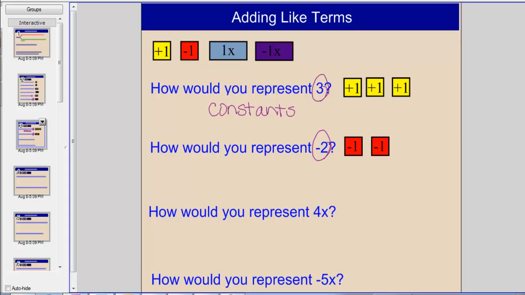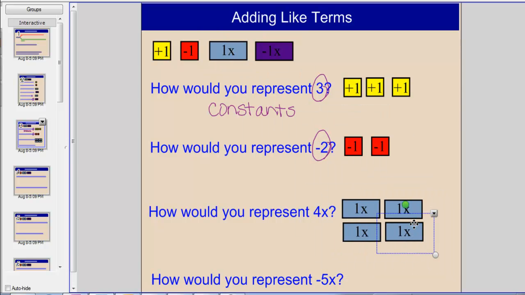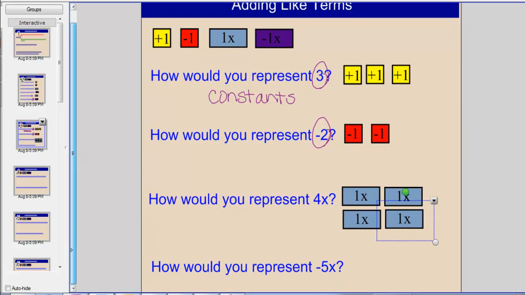How would we represent 4x? What do you think? Maybe drag down 4 1x's? Good. So that's 4x. And then how do you think we'd represent negative 5x?